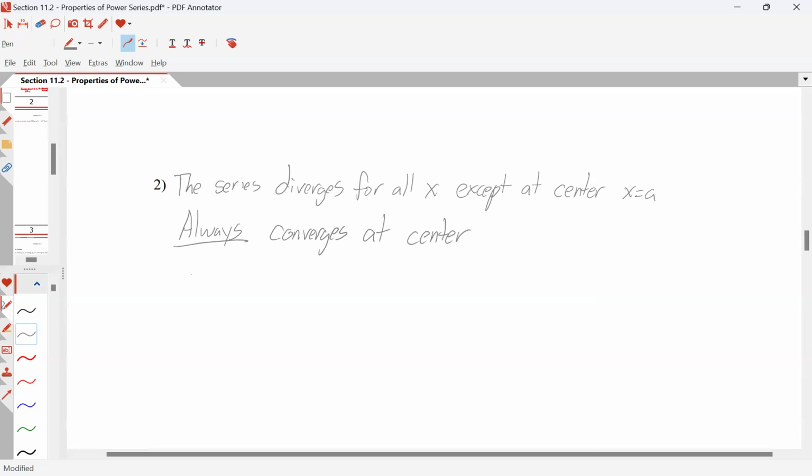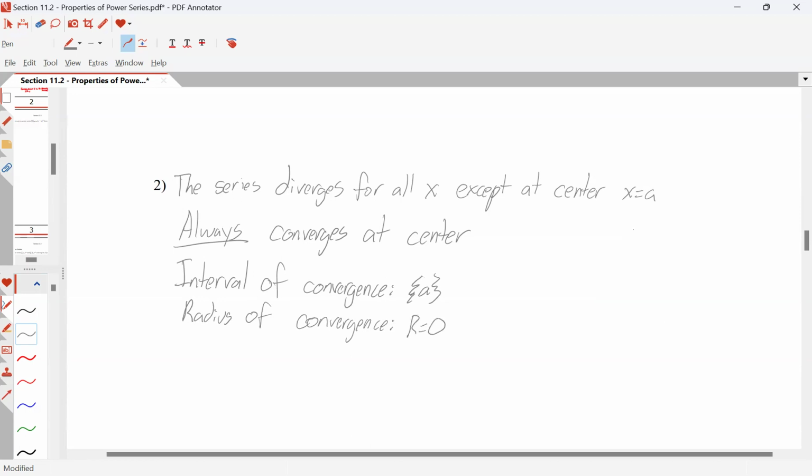In this situation, the interval of convergence will be just the center, and the radius of convergence is 0.